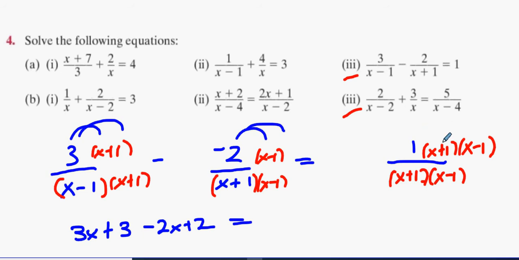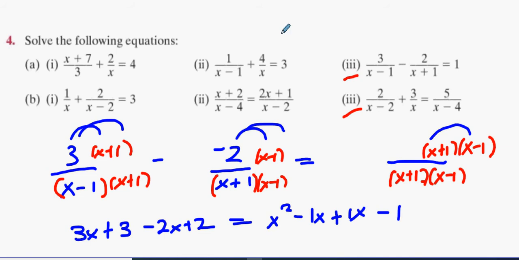What's 1 times anything? Anything, isn't it? 1 doesn't affect it at all, does it? So I'll just ignore the 1 even exists. Makes it easier. What do we do next? x squared minus 1x plus 1x minus 1.